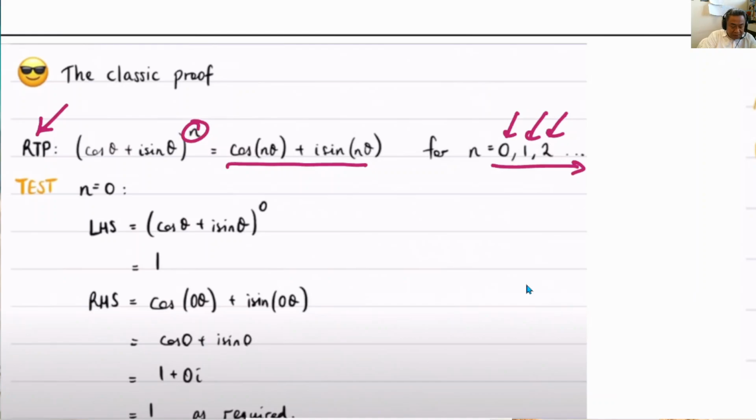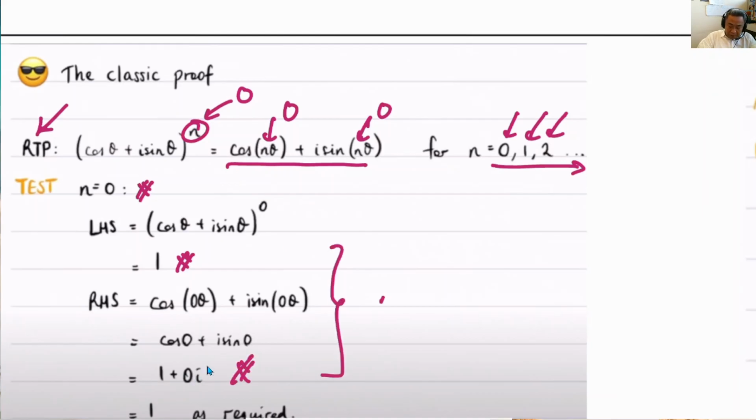So let's first test when we substitute n equals 0 here, as well as here. A non-zero value to the power of 0 is 1, so the left-hand side is simply 1. When we substitute into the right-hand side, we have cosine of 0, which is 1, and sine of 0, which is 0. So it is 1 plus 0i. So the left-hand side equals the right-hand side when n is equal to 0.